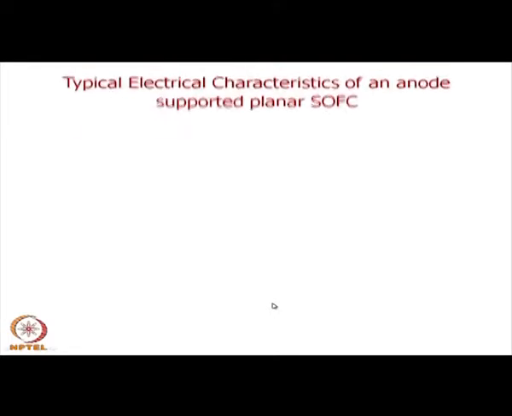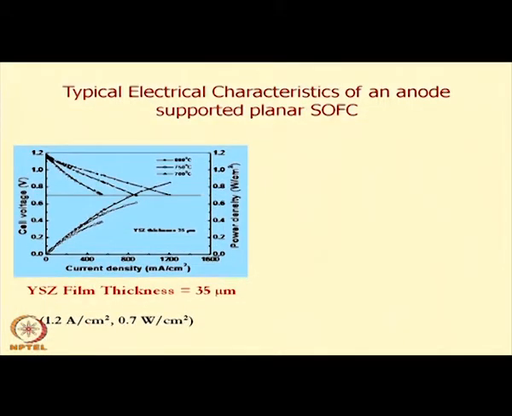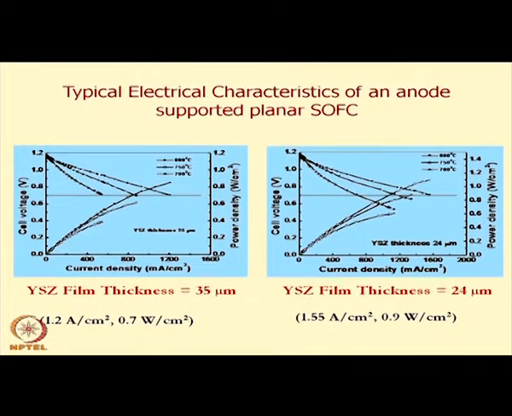And then we also discussed their electrical characteristics. Two typical current voltage plots have been shown here. In one the YSZ electrolyte thickness is about 35 micron, the other one is still less, about 24 micron, and this is a typical curve.